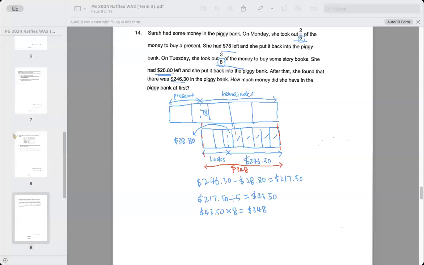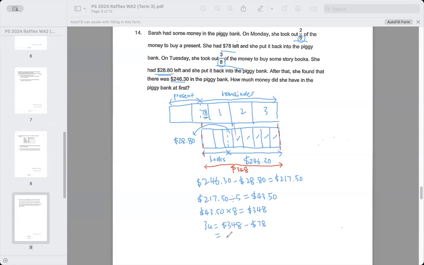So what do I have to do? Now I have to go to the top model. This $348 is not made up of equal units. There's this extra $78. If I take away the $78, I'll be left with 1, 2, 3 units. So for 3 units, I take $348 and subtract the extra $78 here.